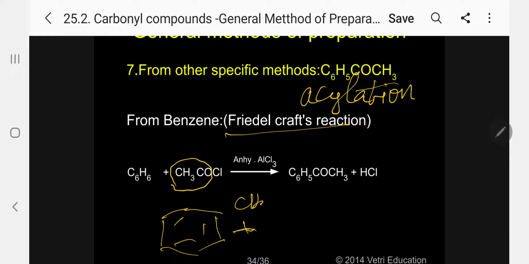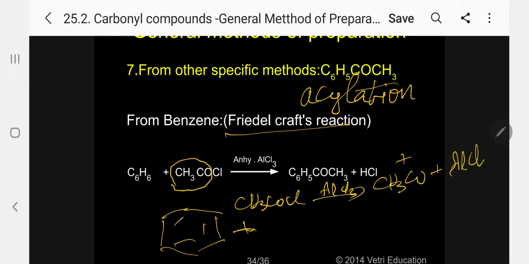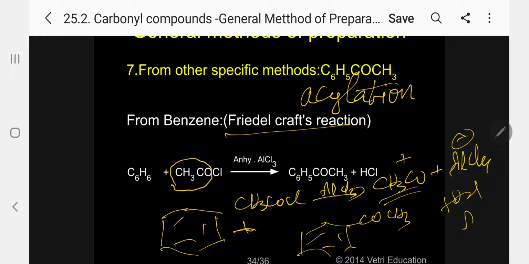When you treat acetyl chloride in presence of aluminum chloride, it is producing CH3CO plus and AlCl4 minus. That is the first step. Then this electrophile attacks the benzene ring to produce acetophenone. Please follow. That hydrogen present there will be eliminated, converting AlCl4 minus into HCl and AlCl3.